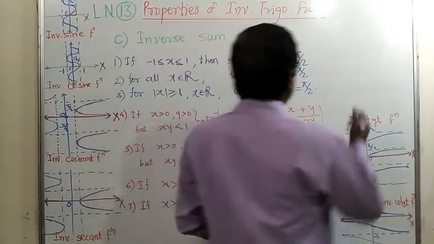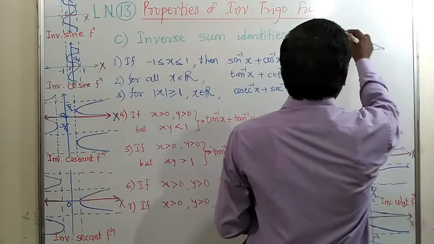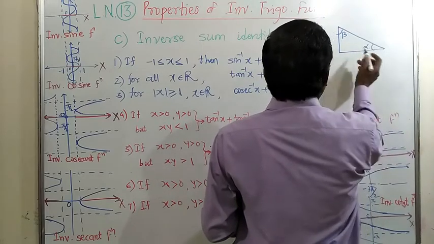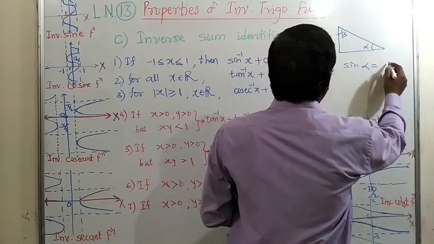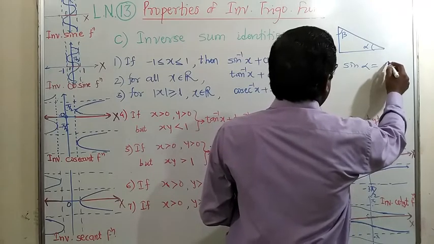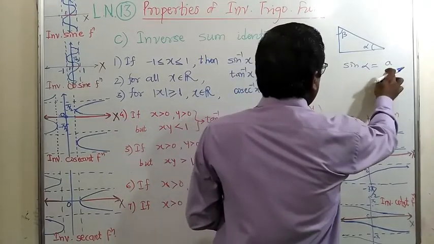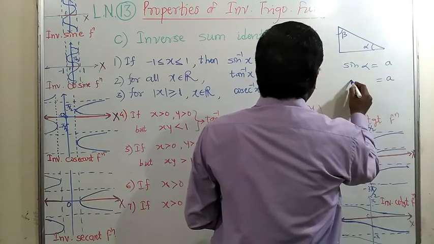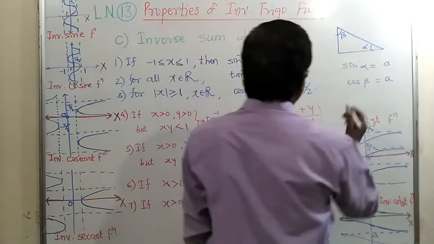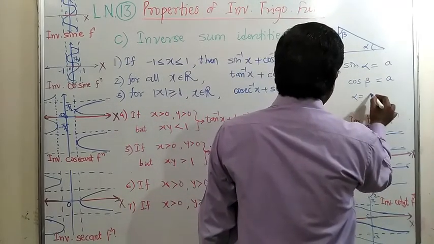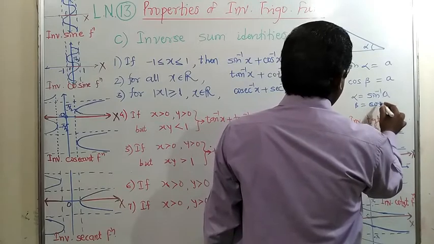You know that in a right angle triangle, suppose you take this angle as alpha and this as beta, then if sin alpha is equal to something, a, and at the same time a is equal to cos beta, then alpha is equal to sin inverse a and beta is equal to cos inverse a.